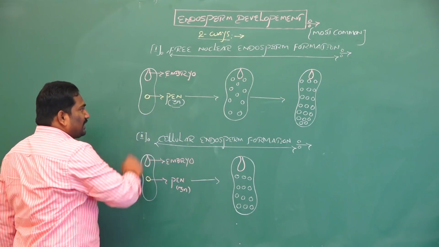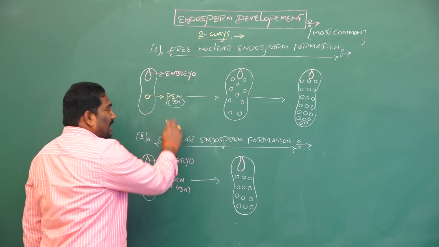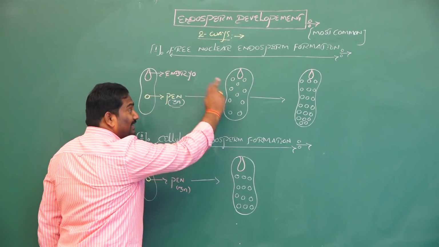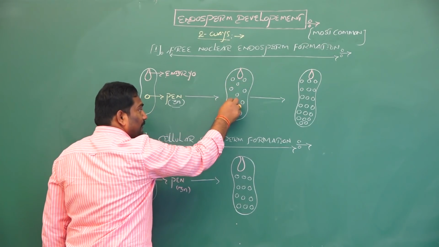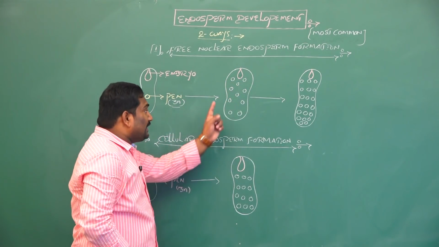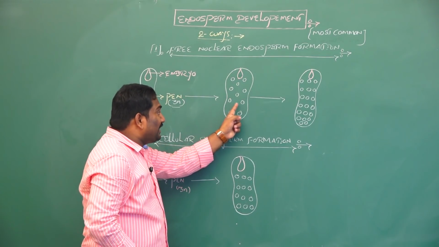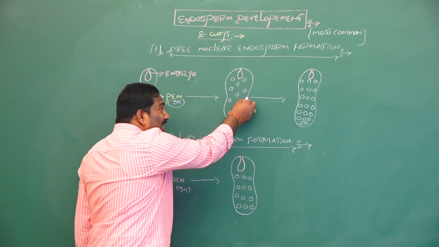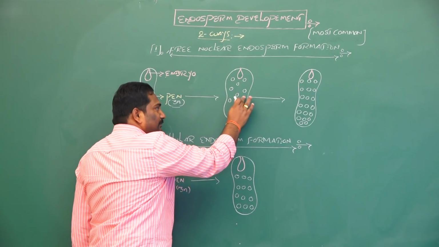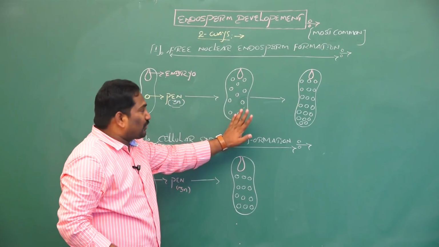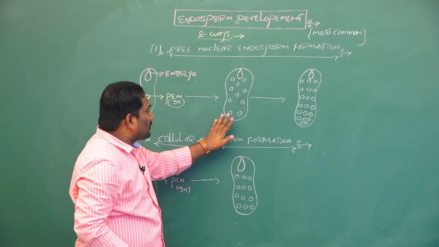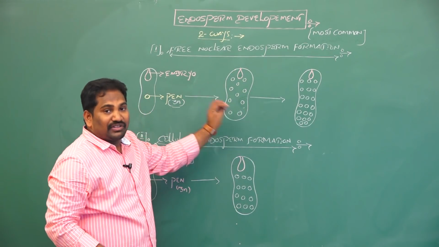The single primary endosperm nucleus undergoes nuclear division, or karyokinesis. Many nuclei form, but each karyokinesis is not immediately followed by cytokinesis. If the karyokinesis is not followed by cytokinesis, then this endosperm is called free nuclear endosperm.